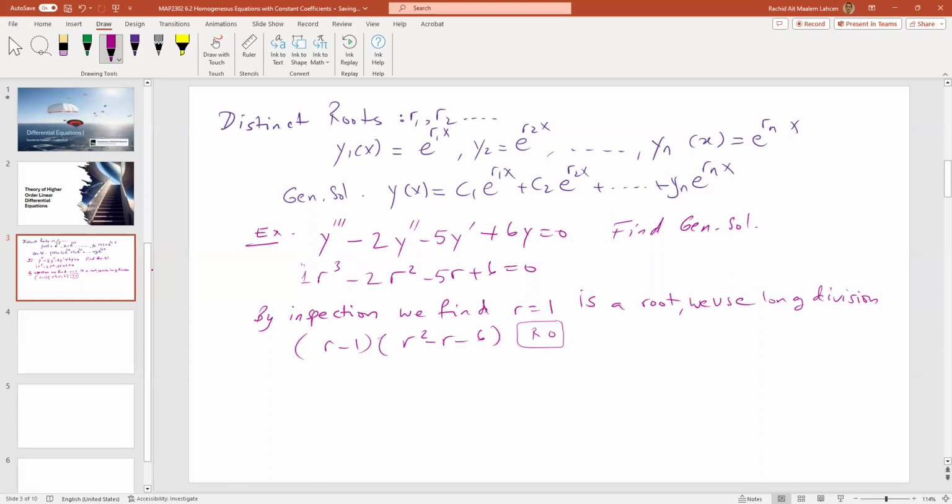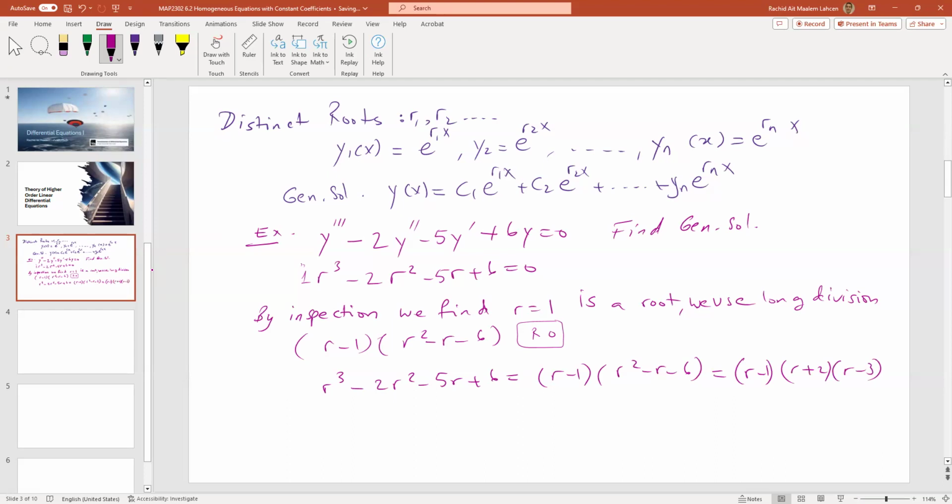So that tells us that r cubed minus 2r squared minus 5r plus 6 changes to r minus 1 times r squared minus r minus 6, which can be further factored to r minus 1 times r plus 2 times r minus 3.